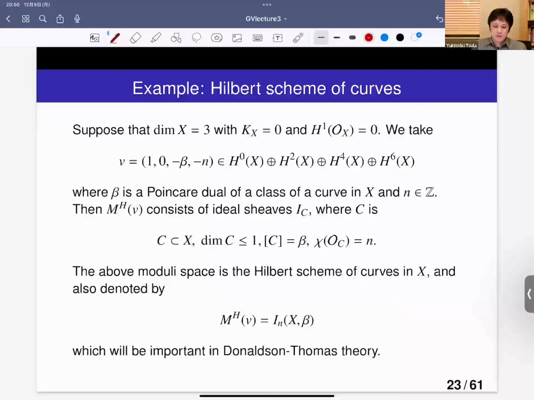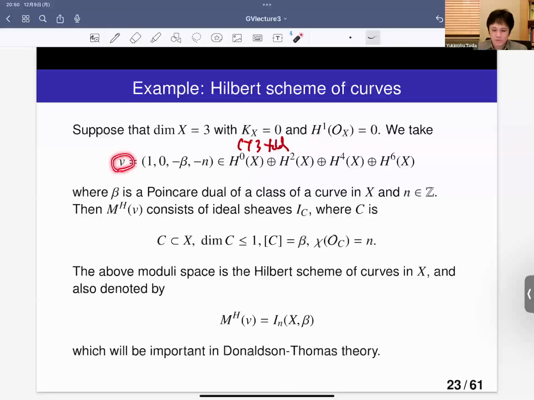That was the two-dimensional case, and we are most interested in the three-dimensional case. So let's assume that the dimension of X is 3, and also the canonical bundle of X is trivial, so X is a Calabi-Yau threefold. And for simplicity, I assume that H^1 of the structure sheaf is also 0.